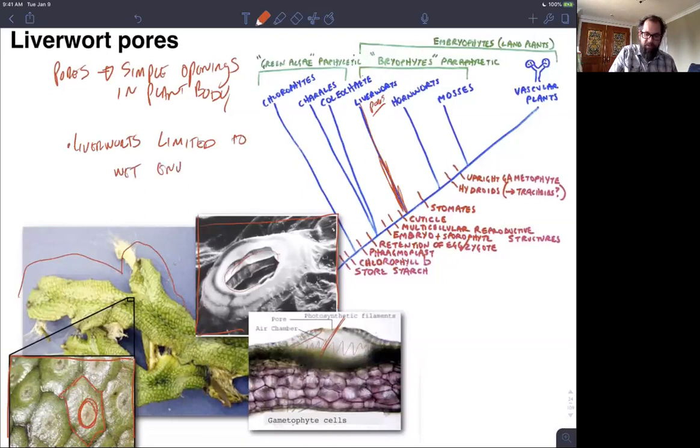So where do you find these? If I were going to go out and look for liverworts right now, I would head out to looking along the edges of ponds and creeks and some permanent water where it doesn't dry up. This is where you're going to find liverworts.